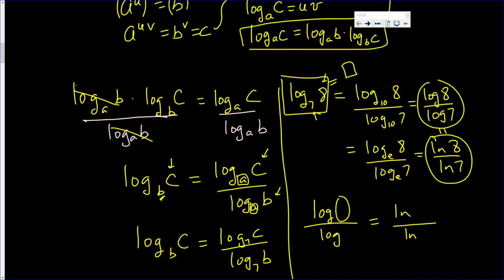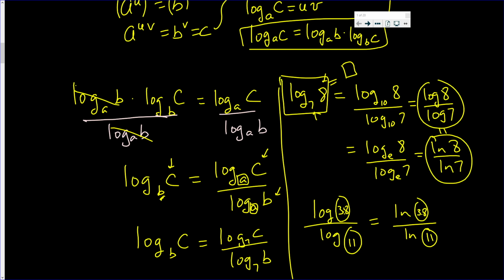You can put whatever number you want here and there, any two numbers, but you better put the same two numbers here. You can put 3.8 and you can put 11. Log of 3.8 over log 11 is ln of 3.8 divided by ln of 11. Change of base formula.